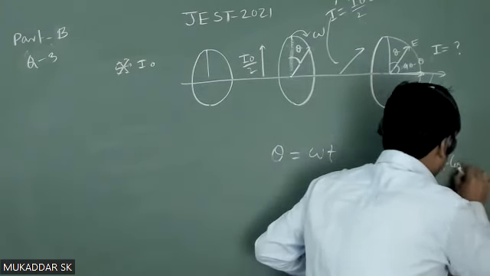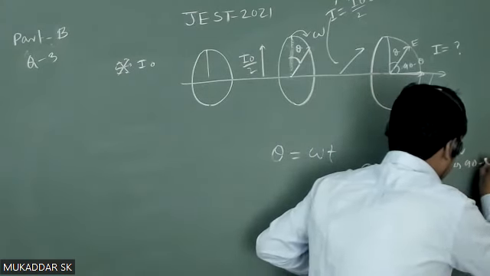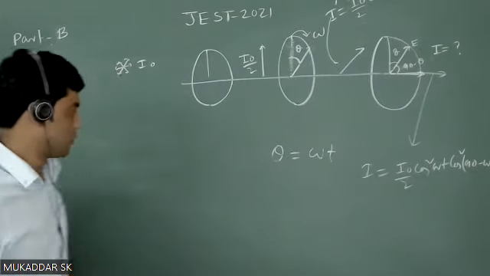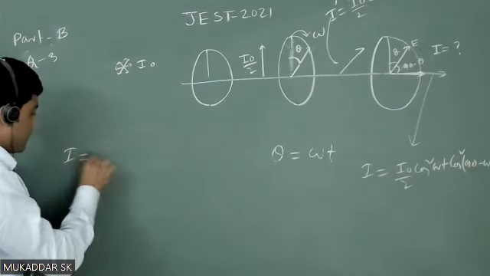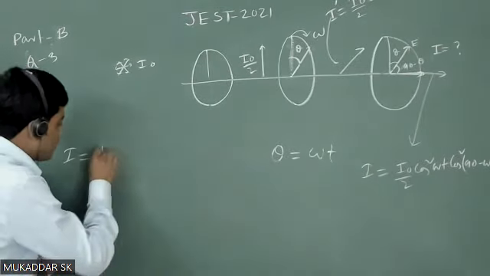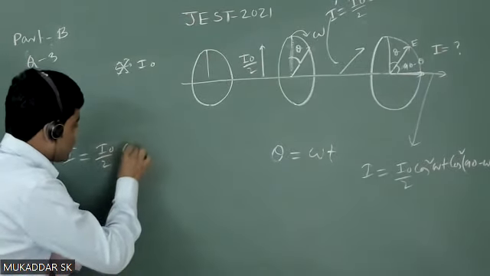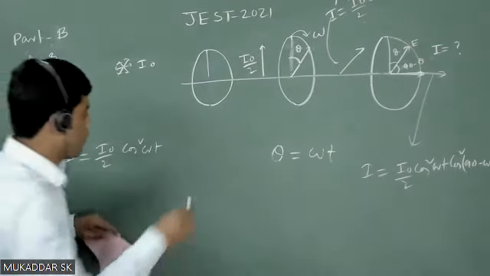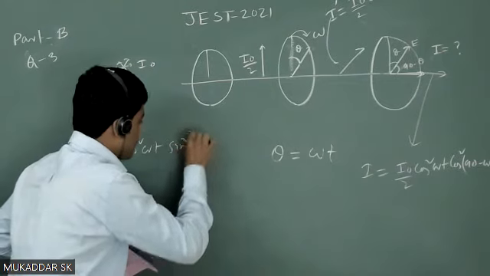So I use cosine square of 90 minus omega t. Simplifying, I equals I naught by 2 cosine square omega t, and cosine of 90 minus theta is obviously sine, so sine square omega t.